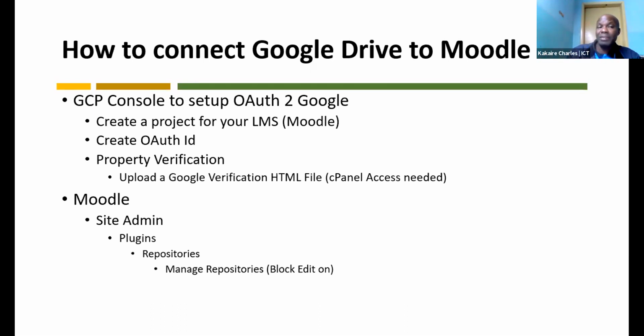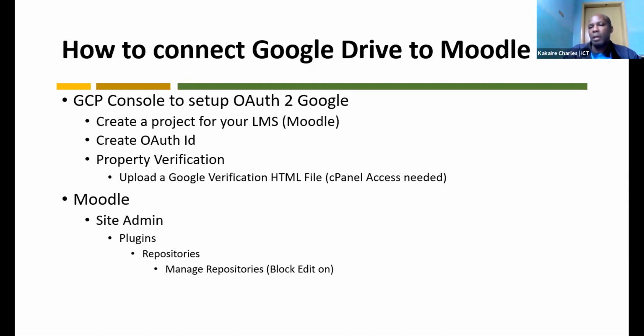The domain has to be verified. The domain is the property in terms of auth to Google. So once all that is done, because in verification, there are several steps you have to undergo when you are verifying your property, when you are verifying your domain. Your property is your domain.